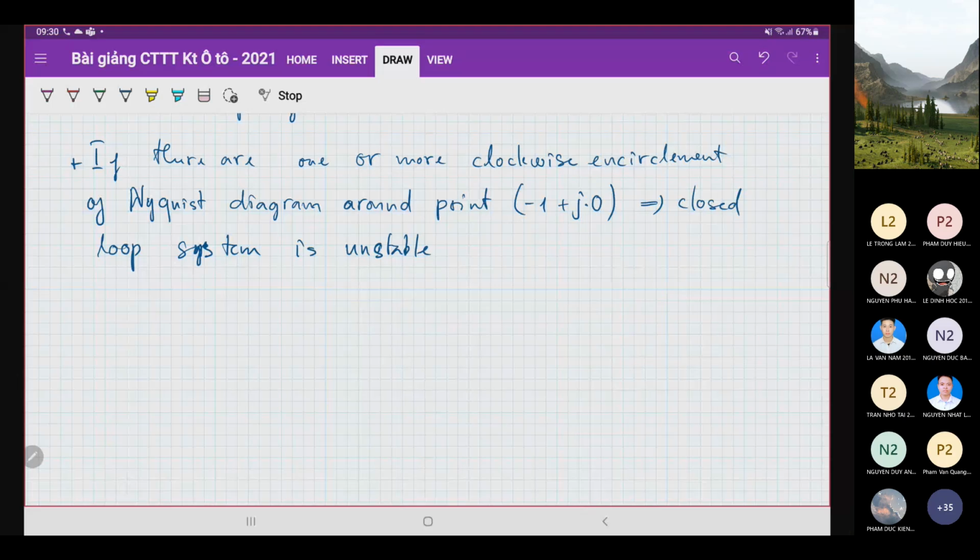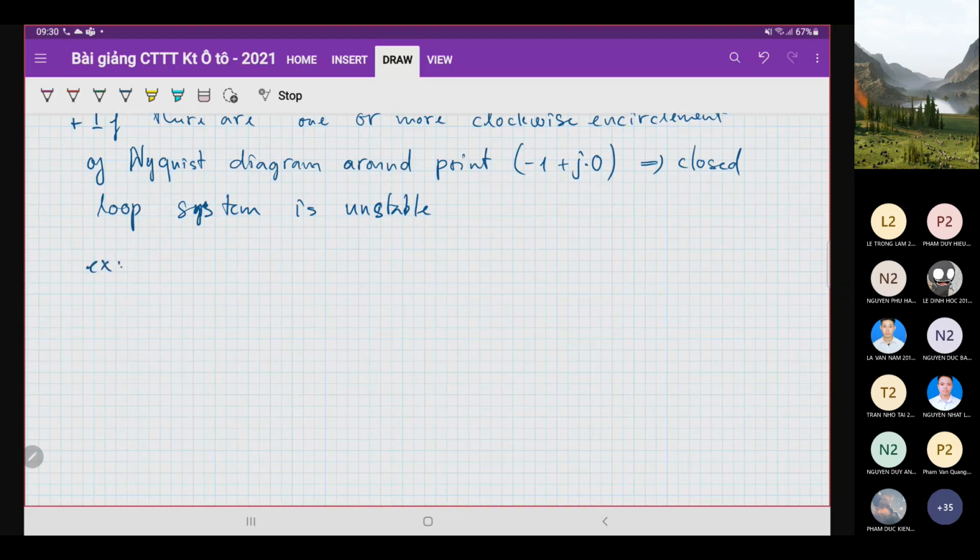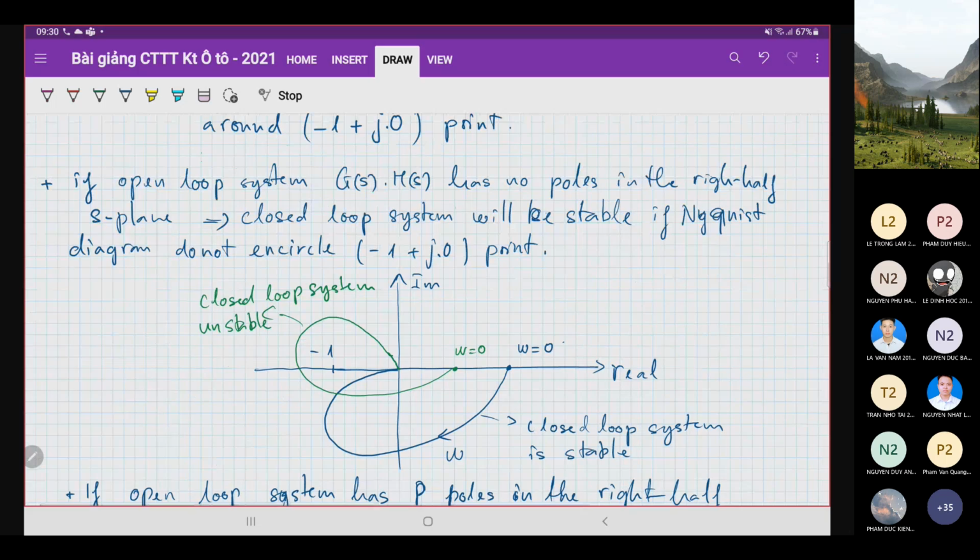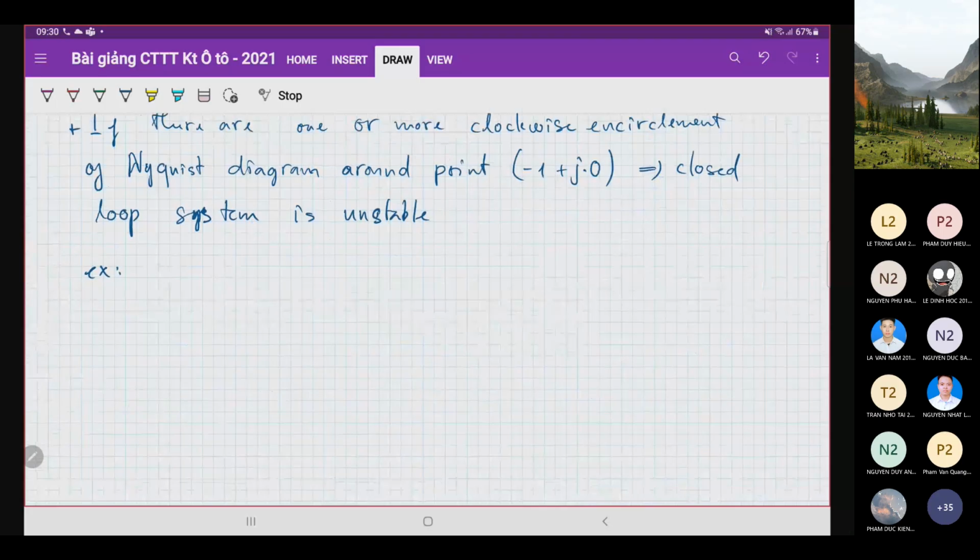Now we can do some examples. Suppose that we have, for example, the control system, or closed loop control system, like this.